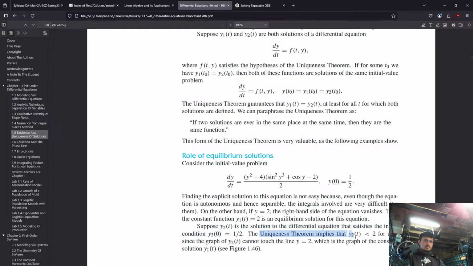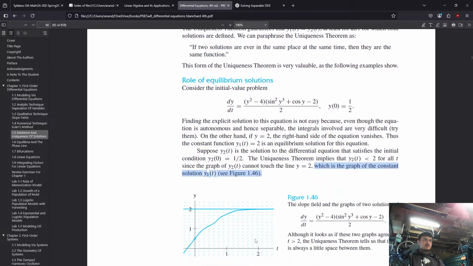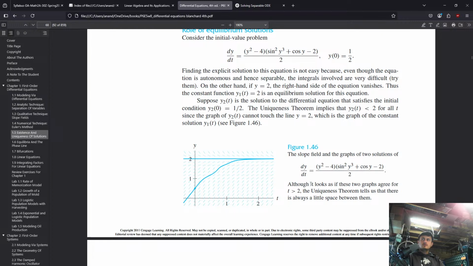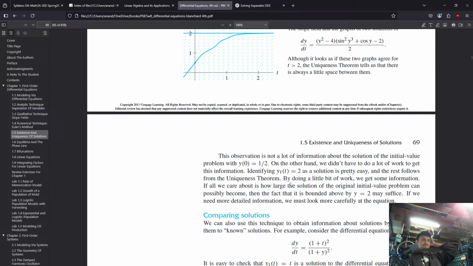The uniqueness theorem implies that y2 of t is less than 2 for all t, since the graph of y2 of t cannot touch the line y equals 2, which is the graph of the constant solution for this first solution. Okay, yeah, so they never touch.